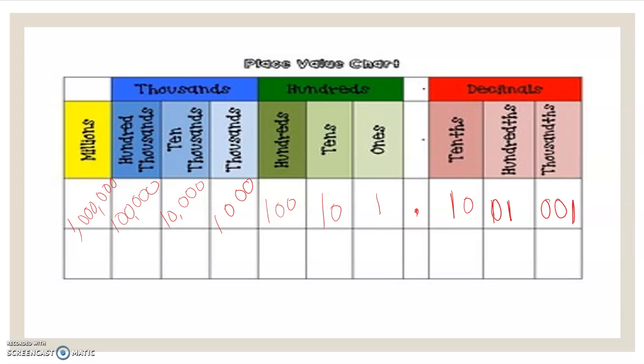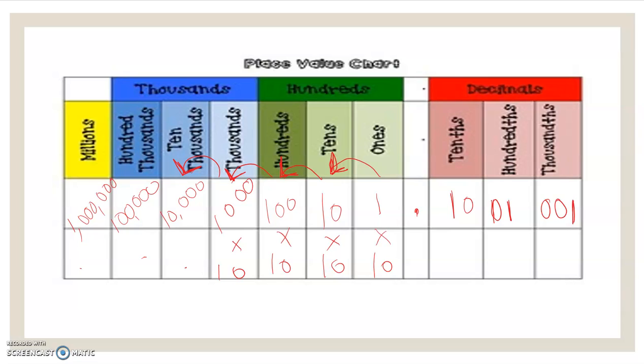So if we were to multiply 1 times 10, we would get 10. And if we were to multiply 10 times 10, we would get 100. And if we were to multiply 100 times 10, we would get 1,000. And if we were to multiply 1,000 times 10, we would get 10,000, and so on.